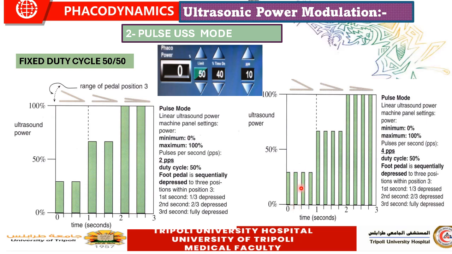Another thing is that the resting time gives time for the needle to cool and decreases the amount of energy production. So this is the main advantage of pulsed ultrasound as compared to the continuous ultrasound.